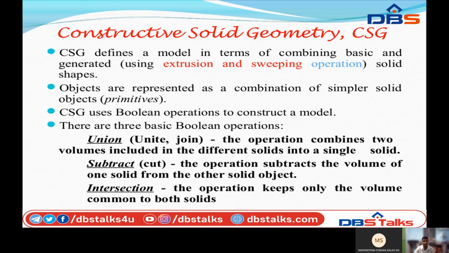Coming to intersection, similar parts will be joined. The operation keeps only the volume common to both solids. That means only the similarity between two solids is kept, only the volume.